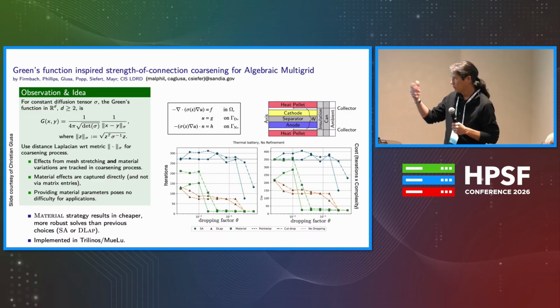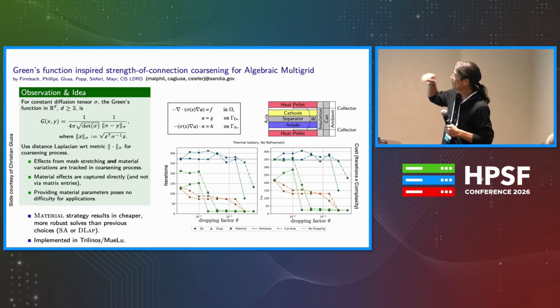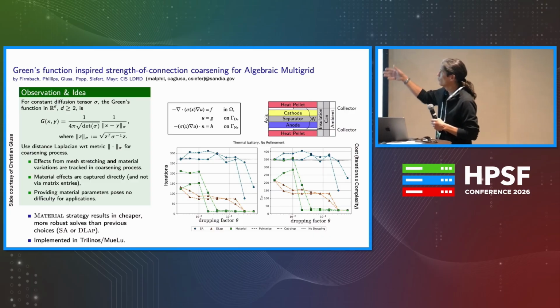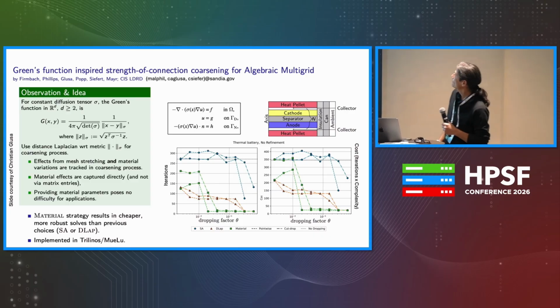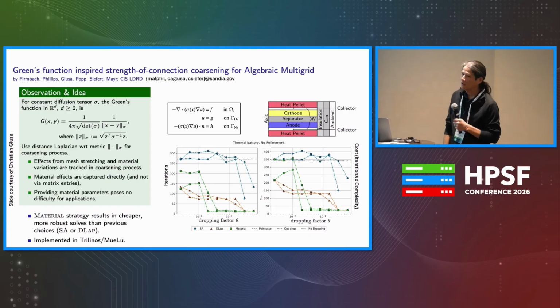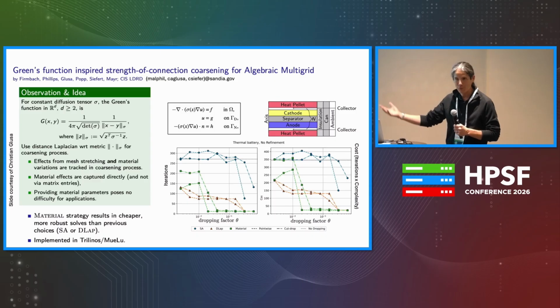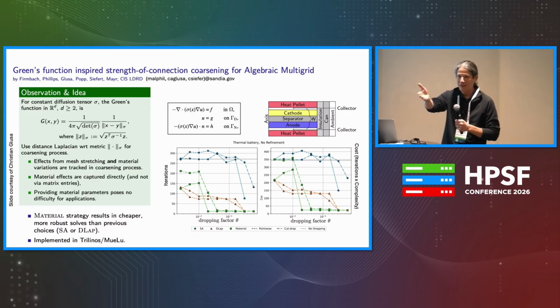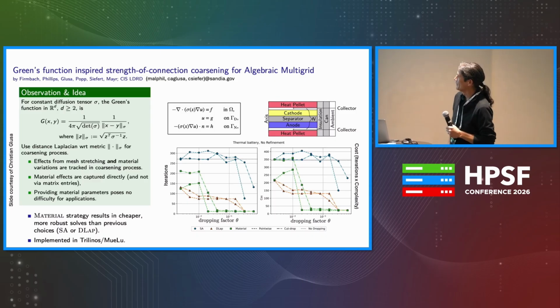And they've been developing this, and they have a pretty nice demonstration based on this thermal battery. Here's a cartoon image. I'm not going to walk through all the details of the thermal battery because I don't know the details, but Malachi is the expert and can tell you about it.